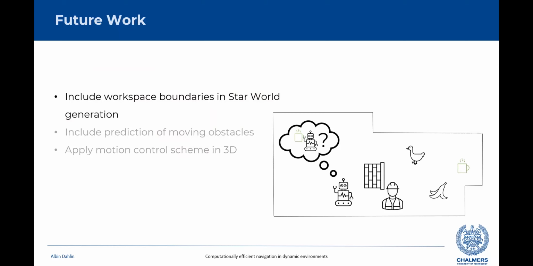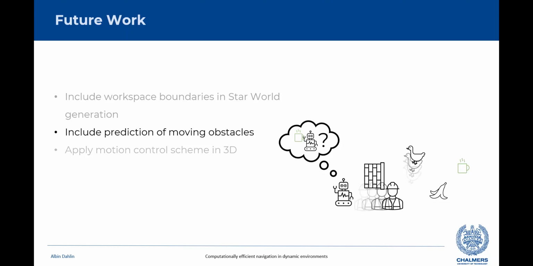So currently, in the star generation, the robot workspace is assumed to be fully Euclidean space. And in many scenarios, this is not the case, for instance, for robots operating in a closed room. And an extension of the method to also consider boundaries would be beneficial.